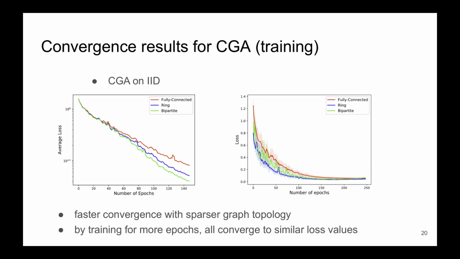They mentioned the original federated learning paper from 2016. They did a lot of experiments on federated averaging, and in that paper they observed a similar phenomenon to this one: sparser works better than fully connected.